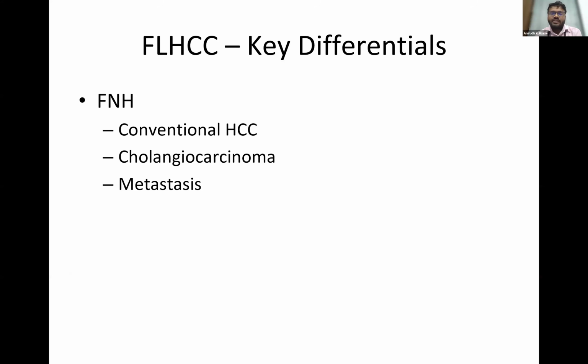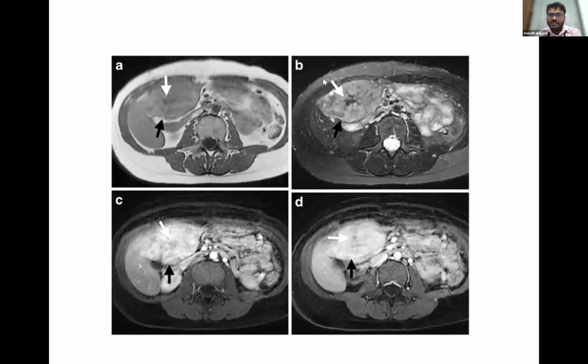So we were discussing that fibrolamellar HCC will have this characteristic T2 hypointense scar. Okay, that is very important, and it will show enhancement in the arterial phase. So it will appear as a large solitary lobulated mass.